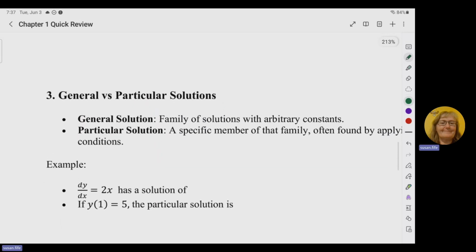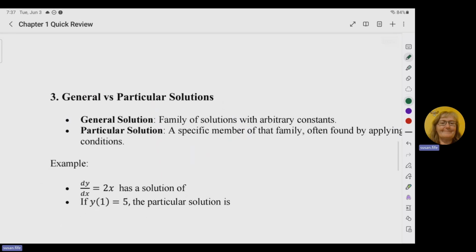When you solve equations, generally when we're finding a solution to a differential equation, we'll solve first to get the general solution. A general solution is typically a family of solutions with that arbitrary constant, the constant of integration. So you might have a plus c, or you might have c times something.